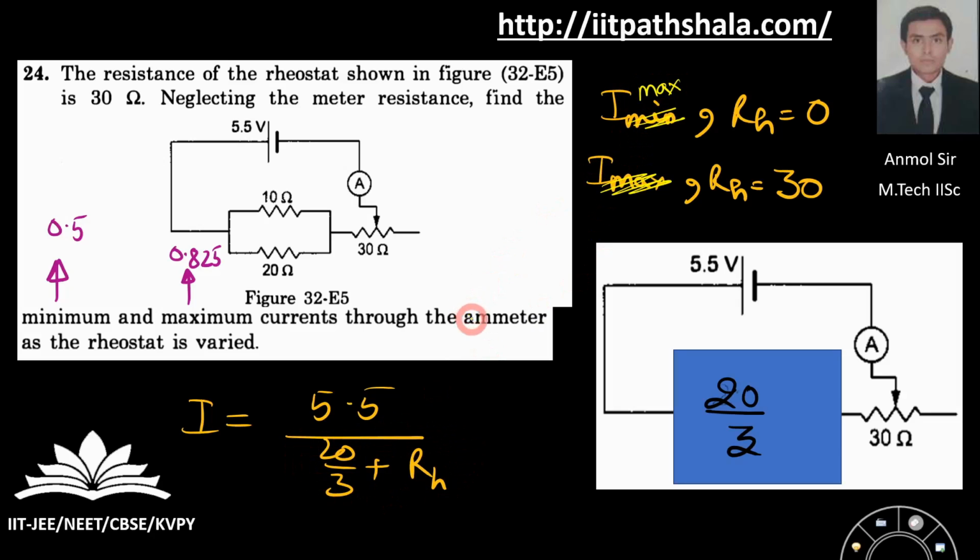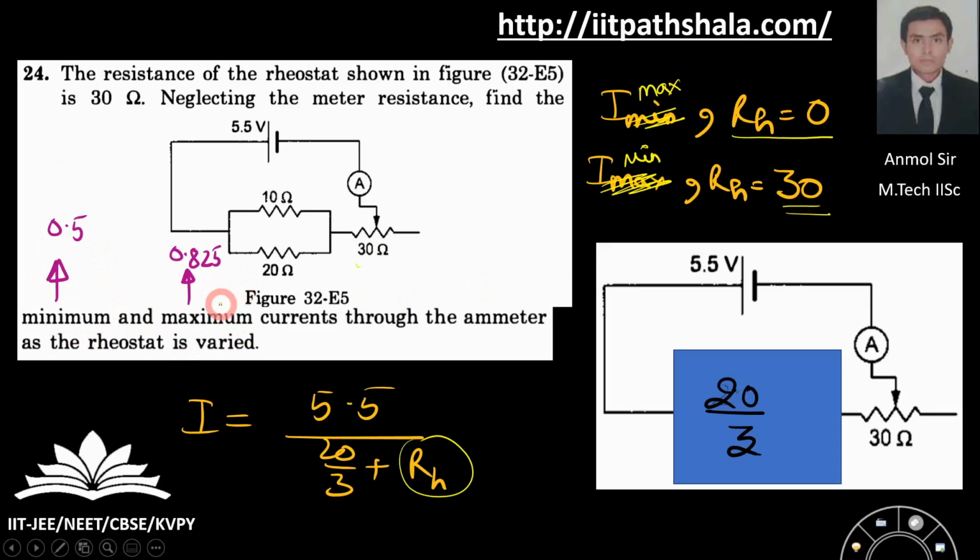So for maximum current, you have to set your rheostat to 0. For getting the minimum current, you have to maximize your rheostat. The maximum value of the rheostat is 30 ohm, so just put the value of 30 ohm. You'll be getting a minimum current of 0.5 and a maximum current of 0.825.